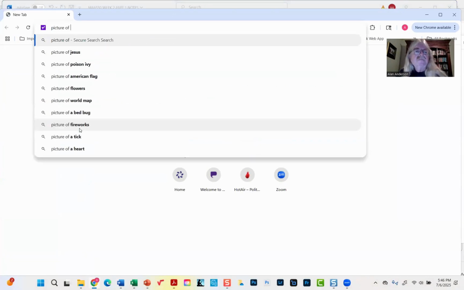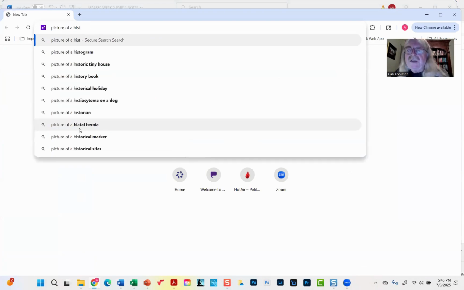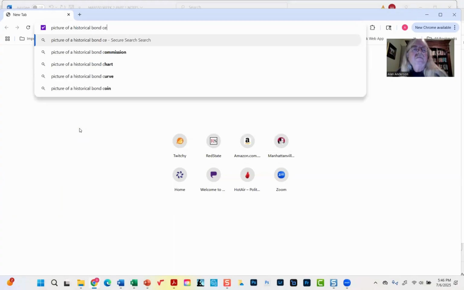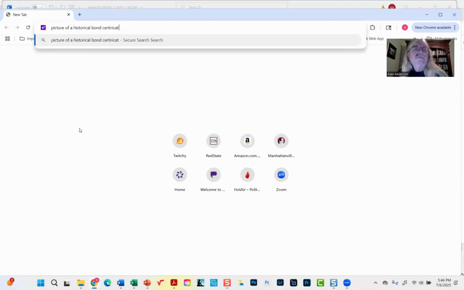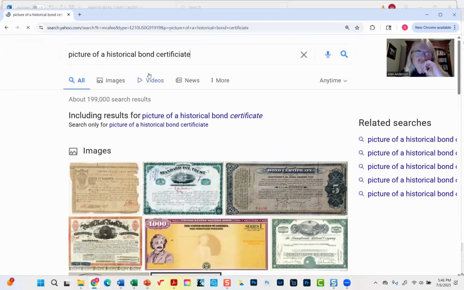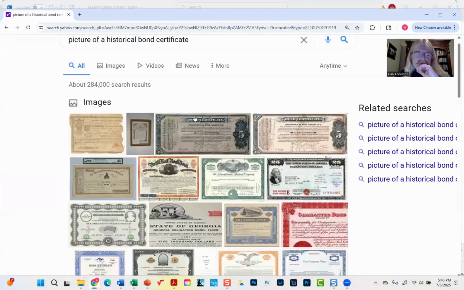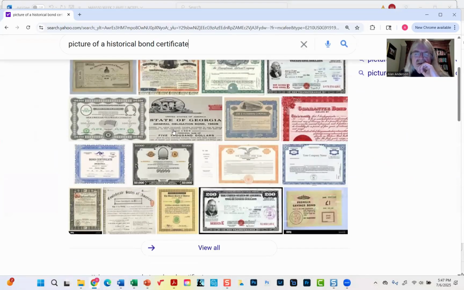But with the bonds, now keep in mind the period I'm referring to now is pre-computers. So I'm gonna see if I can find one that works for us.